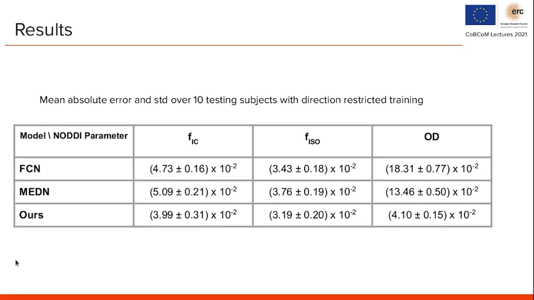To investigate rotation invariance of deep learning approaches, we have trained models on the data whose diffusion tensor principal direction is in the range between 0 and 30 degrees. The quantitative results of the experiments are presented in the table, and they clearly indicate rotation invariance of our model, with the most important difference in the estimation of the orientation dispersion indices.